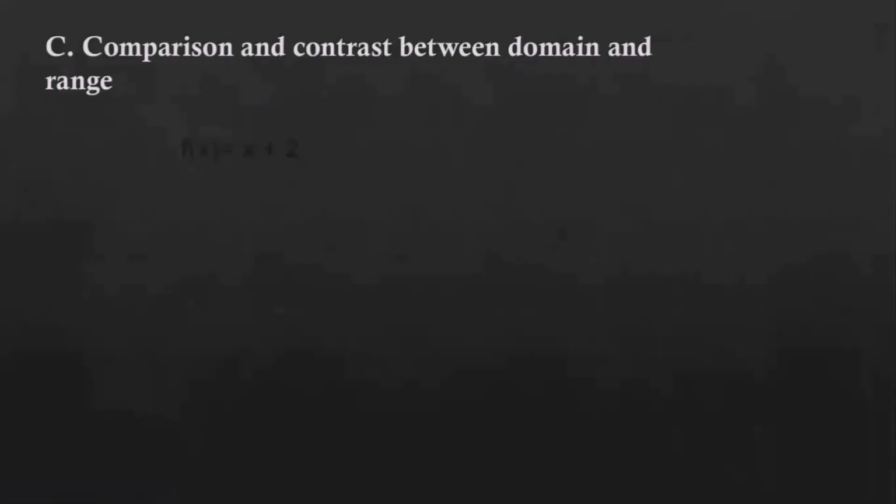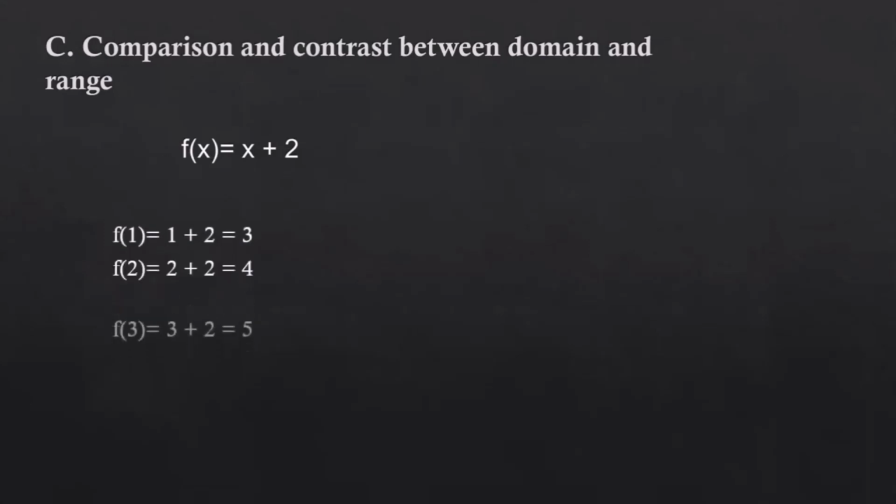Comparison and contrast between domain and range. Given the function f(x) equals x plus 2. If the input is 1, you just replace the variable x with 1 and you get 3 as the result.